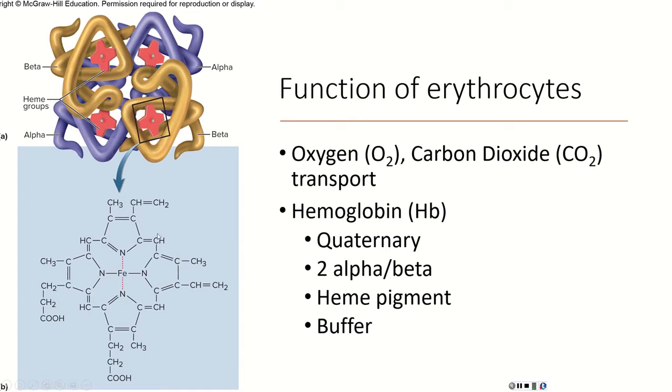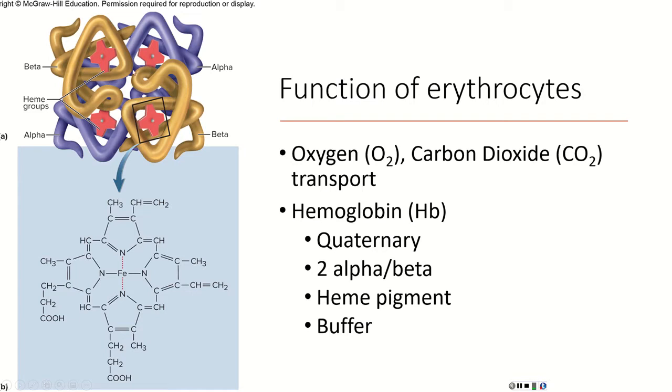And here is, if you're big on chemistry, I'm not, but if you like chemistry, the chemical structure of that heme pigment. I will not ask you to know this. And the important thing about the heme pigment is what's right smack in the middle, this little blue-green ball right there in the smack dab middle of every heme pigment. Look down here, Fe. Does anyone remember what Fe is? That's iron.